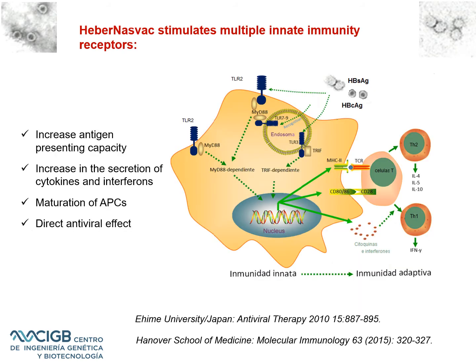The innate immunity that is activated with these two antigens, through the different toll-like receptors, also has the capacity to activate adaptive immunity.